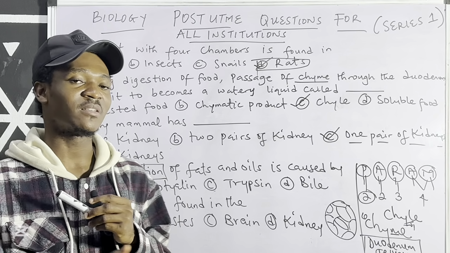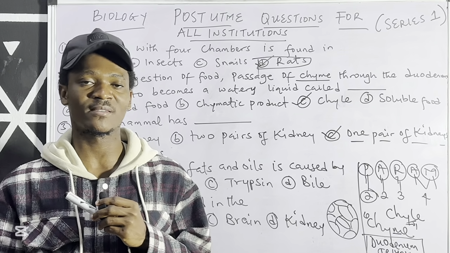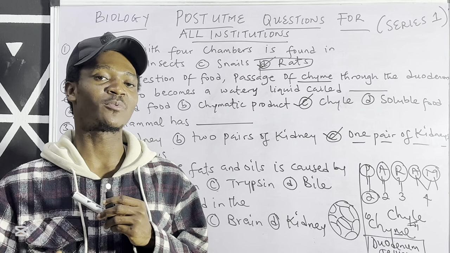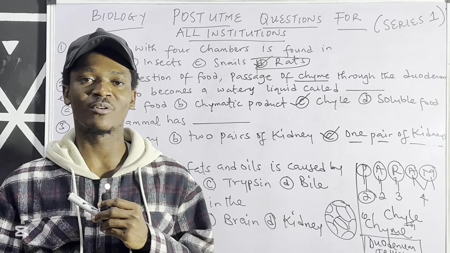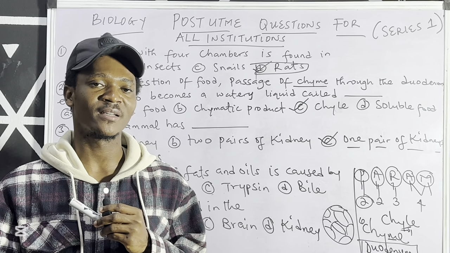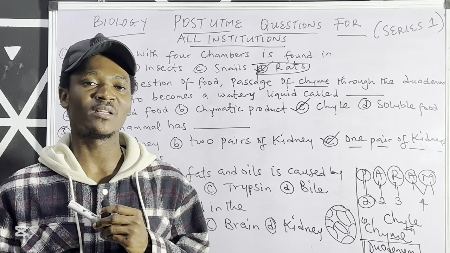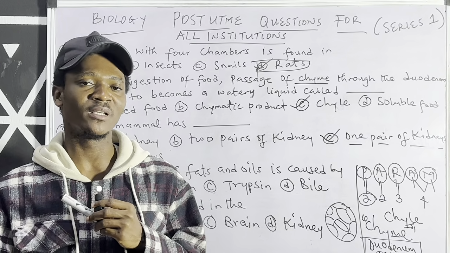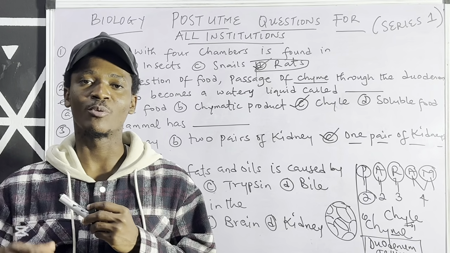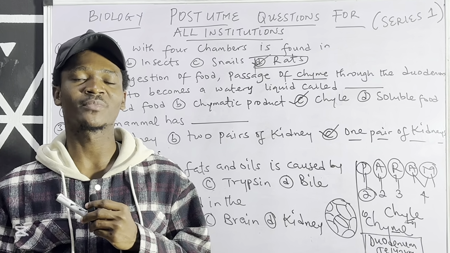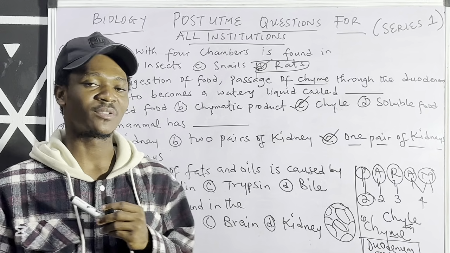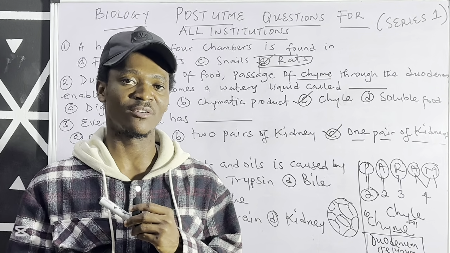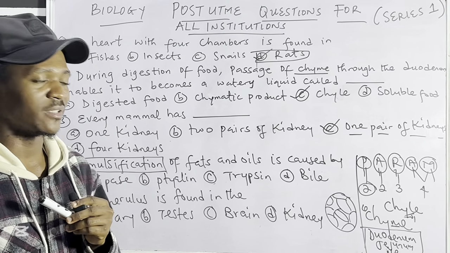Now this trypsin is the one that acts on proteins. It basically acts on the peptones because peptones is what you get as the product of degrading protein in the stomach, and then when it enters into the small intestine, it is in the form of peptone. So this guy will now help to break down the peptone into polypeptides. You get the point now? So that's the duty of that trypsin. Trypsin is not involved in fats and oils degradation.